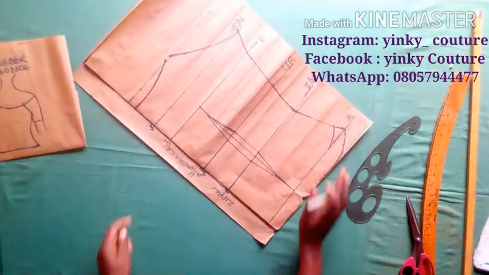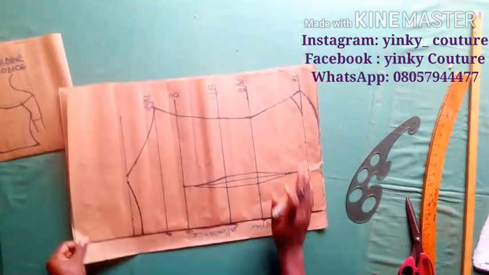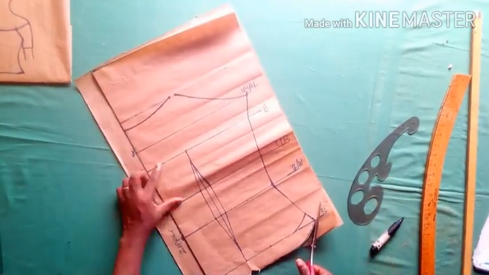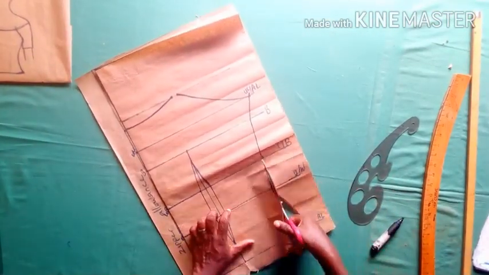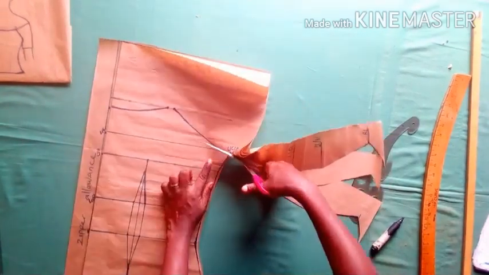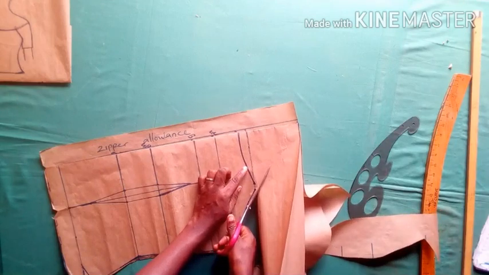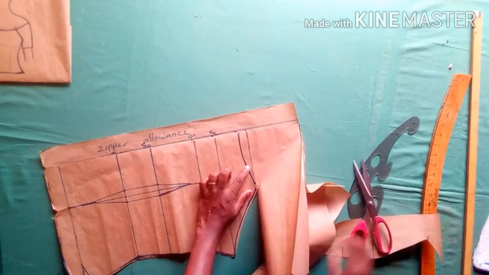So the sewing allowance down there is ½ inch. Then I'll cut it out. I'm going to input my sewing allowance on the upper part.